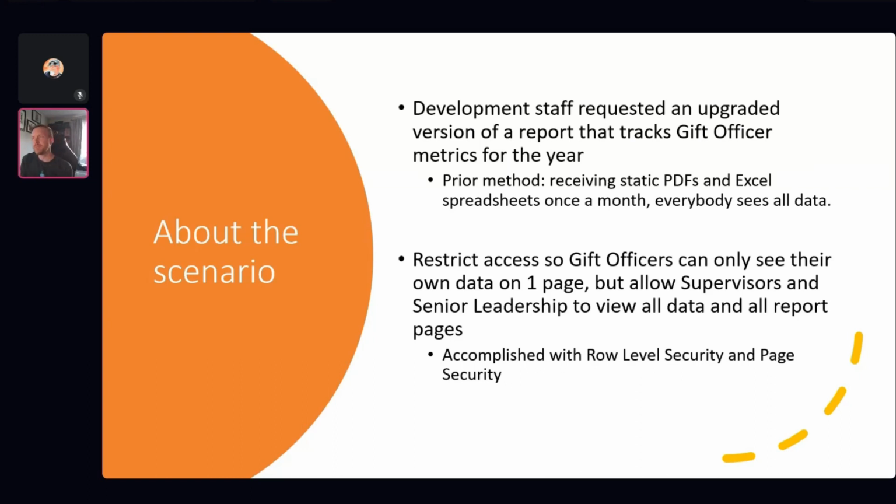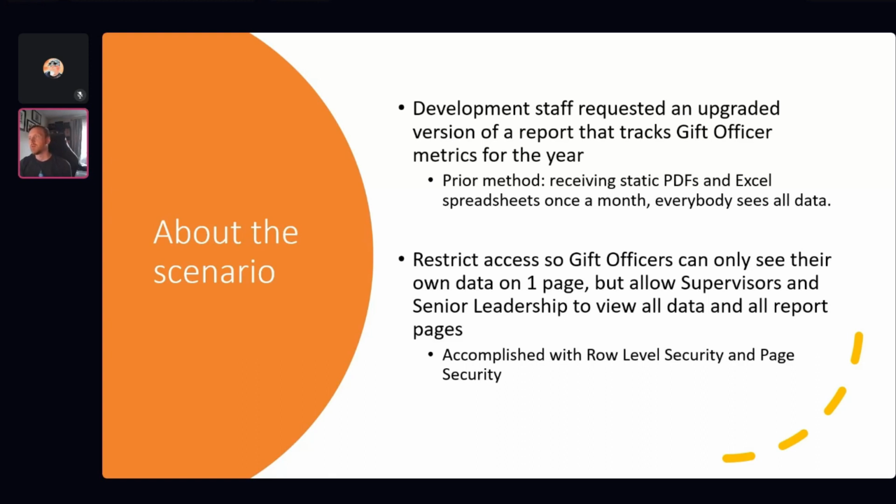You may hear me interchange those terms or see references to development director, but think gift officer as well. So the prior method was that once a month an email would get sent out with links to static PDFs and Excel spreadsheets, and everybody could see everybody's metrics and their progress and things like that.